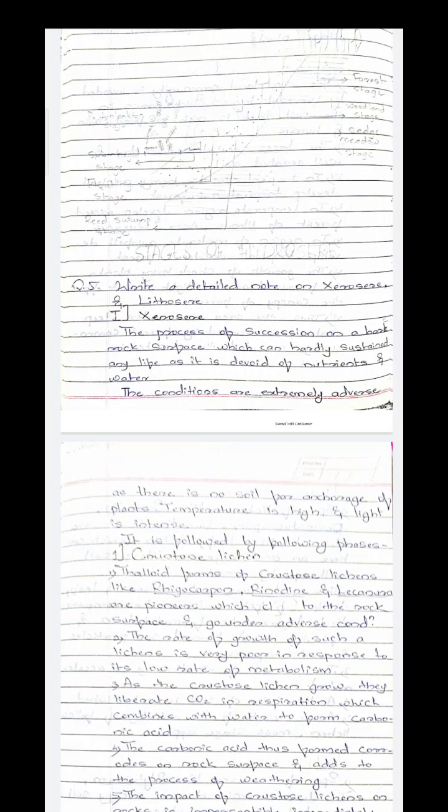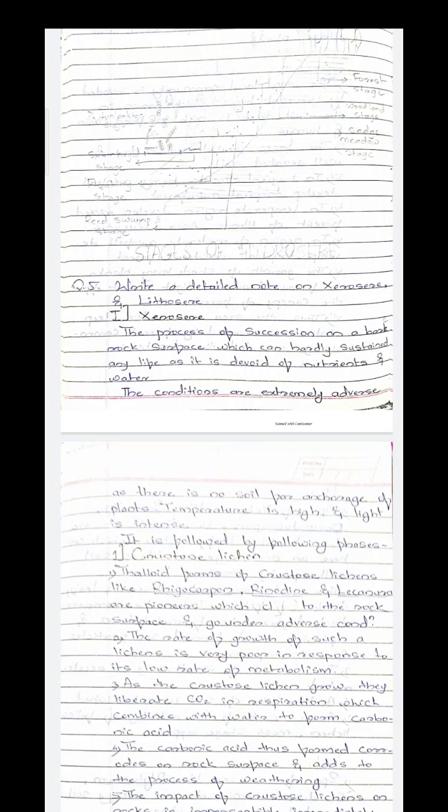In a hydrosere, the process of succession takes place with optimum aquatic life, and a Xerosere is the process of succession that starts with the optimum supply of water. So let us move towards Xeroseres.